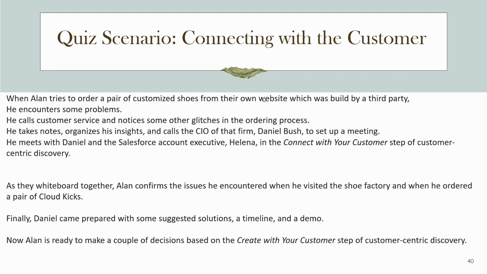We have talked about the framework, right? Connect with your customer is the first step. In the customer connect, he meets with the people responsible for building that website, and they whiteboard together.